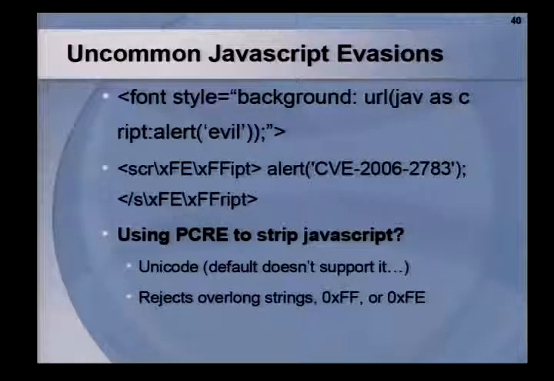People are doing things for prevention of cross-site scripting. They're evaluating and saying, remove where you see script. Most people are using PHP for that, or Perl or whatnot. A number of the different regular expression engines, if they are compiled to support Unicode encoding, which most of them are not by default, the Unicode encoding is somewhat broken.